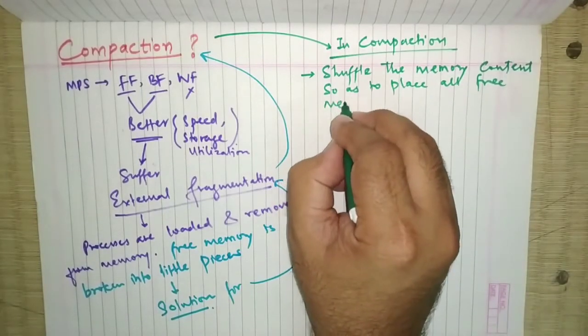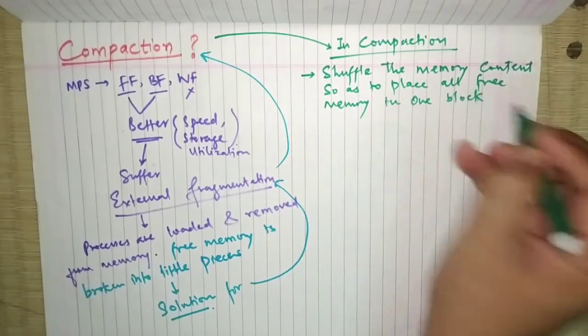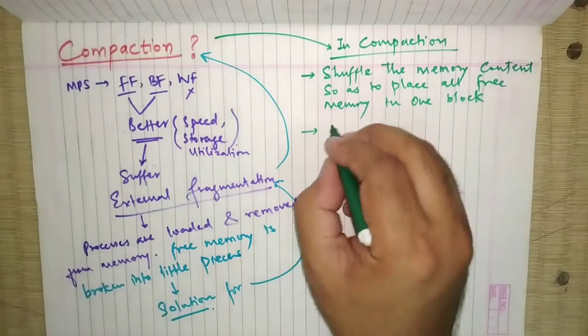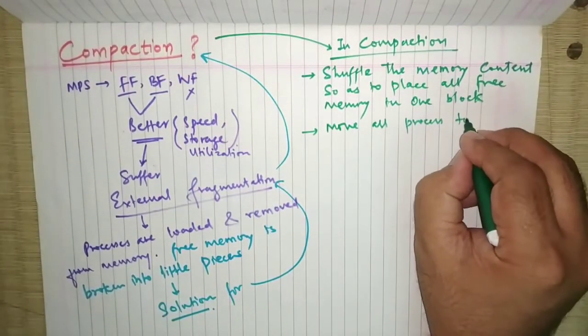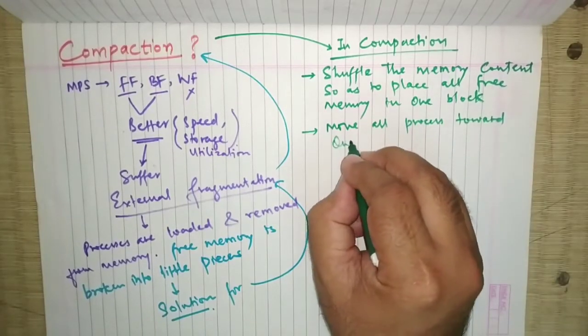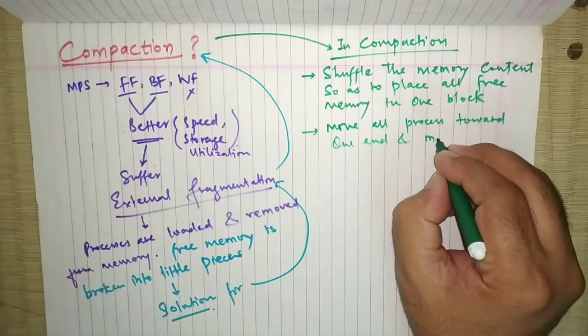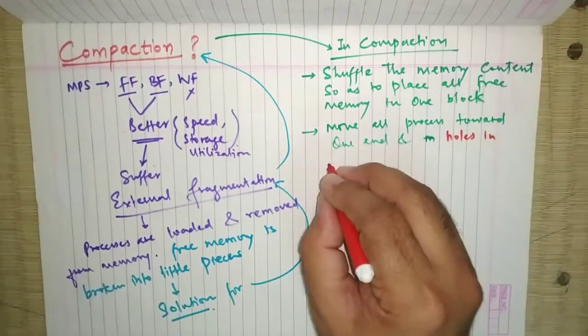The simplest compaction algorithm is to move all processes toward one end of the memory, and the holes move in the other direction, producing one large hole of available memory.